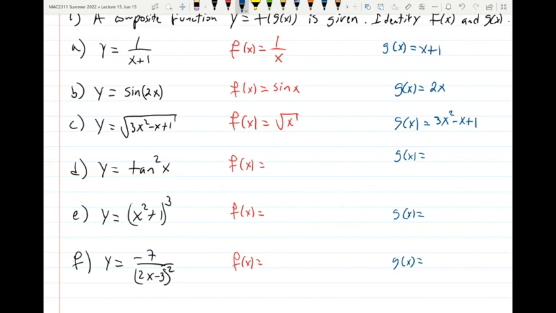And then of course, we are always looking for a non-trivial decomposition, because there is always a trivial decomposition. What's a trivial decomposition? Give me whatever formula you want, even the craziest formula you can think of. The trivial decomposition is f of x equals x, and then g is whatever.